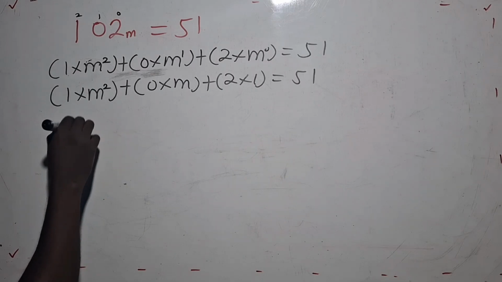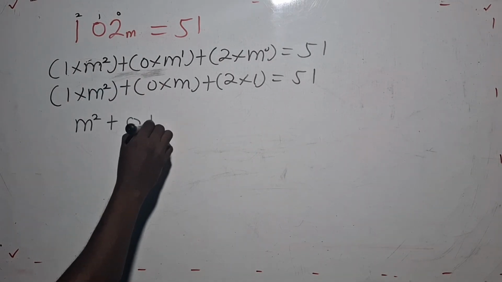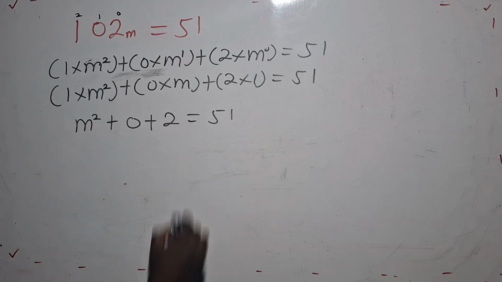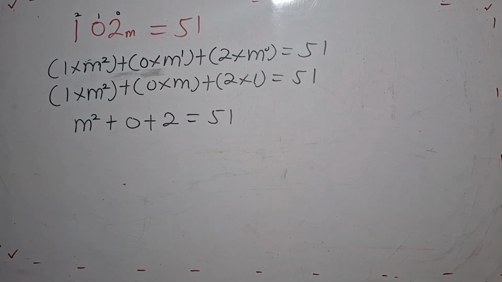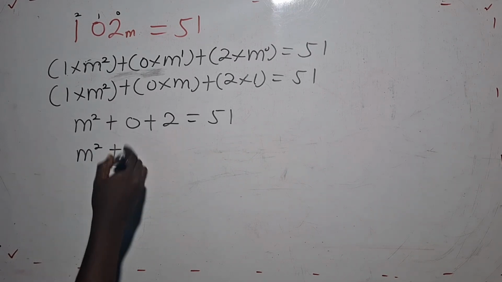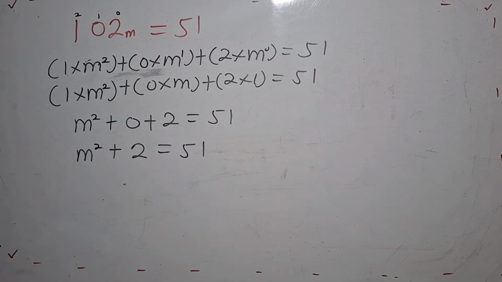Now 1 times m squared will give me m squared, plus this will give me 0 plus 2, which is equal to 51. So m squared plus 0 plus 2 is 2, is equal to 51 here.